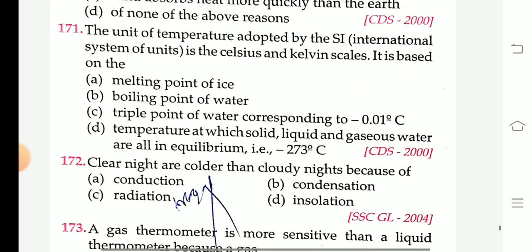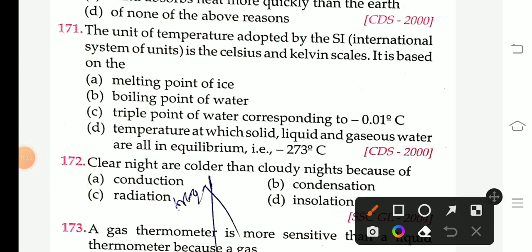Next, the unit of temperature adopted by the SI International System of Units is the Celsius and Kelvin scales. It is based on, right answer will be option C, the triple point of water corresponding to 0.01 degree Celsius.